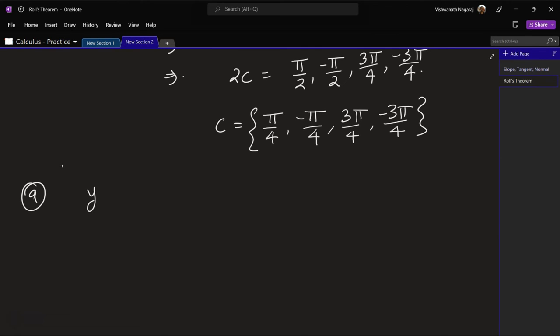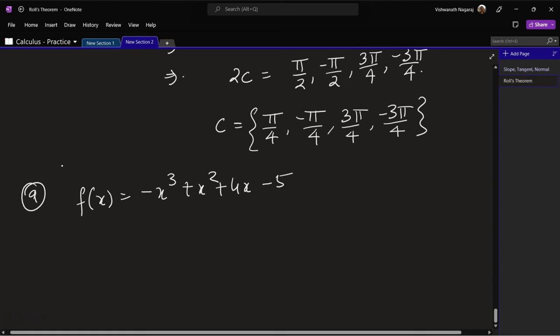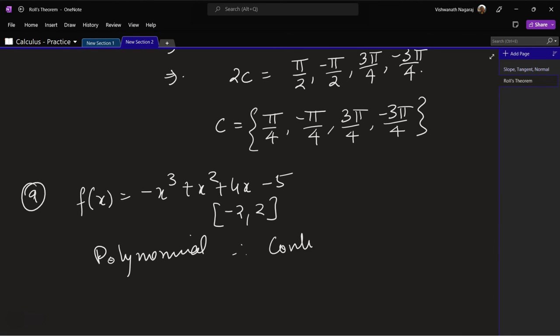9th one. f of x is equal to minus x cube plus x square plus 4x minus 5. And the interval given to us is minus 2 comma 2. It's a polynomial, therefore it is continuous throughout, and specifically in this interval also it is continuous.